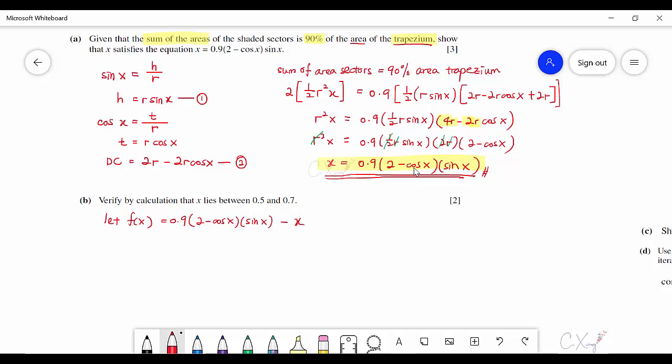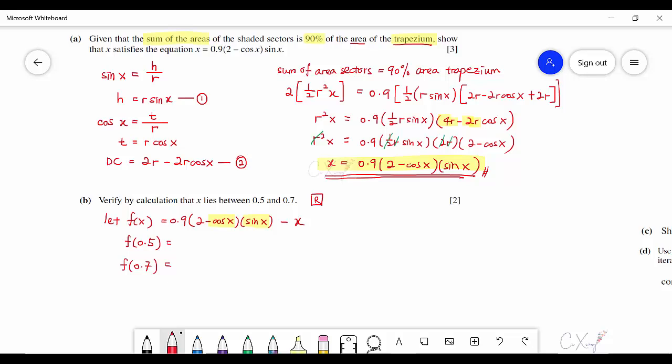then minus the x. Then I want to substitute both values inside, so I will substitute the value 0.5 into this function, and after that I will substitute the value 0.7 into this function. Just a reminder to all of you, because we have trigonometry in our expression, when you press the calculator, you have to ensure that your calculator is in radian mode.